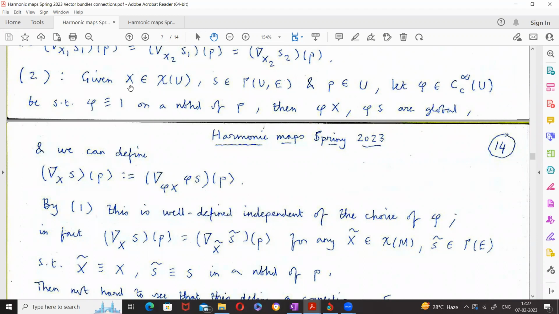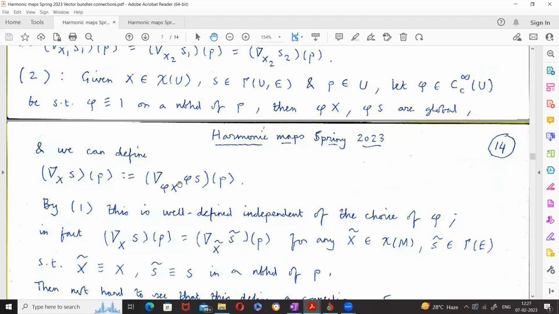So suppose X is a vector field on U and S is a section on U and P is a point in U. Let phi be a smooth function with compact support in U such that phi is 1 on a neighborhood of P. Then phi X and phi times S are globally defined sections which vanish outside U. Therefore, we can define nabla X of S at P to be nabla sub phi X applied to phi S at P.